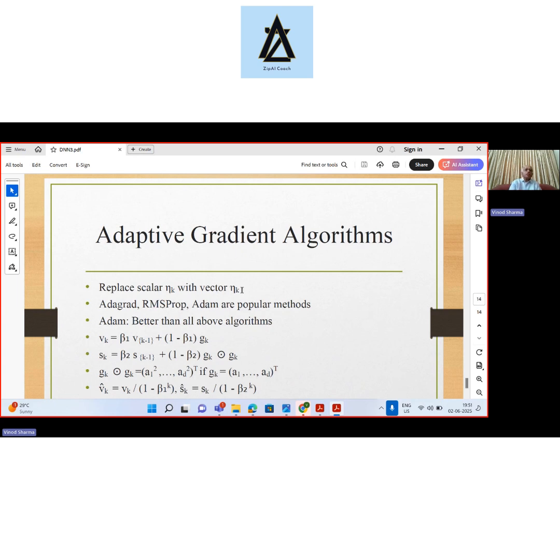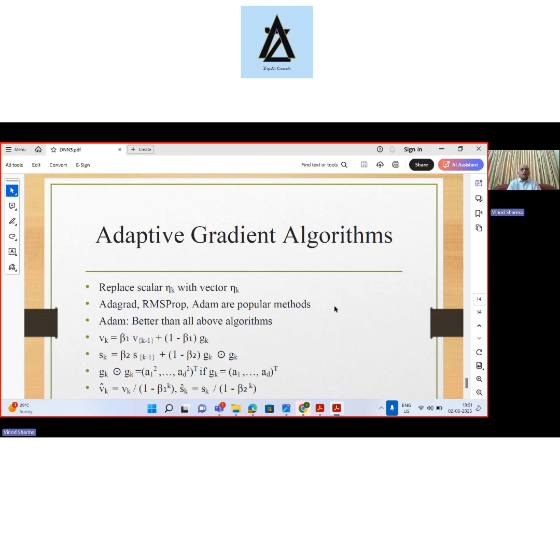But if we change that to a vector eta k, then different components will be multiplied by different constants here. If this constant is larger, then the difference for that component in wk will be larger. And if it is smaller, then it will be smaller. So we can modify it, and based on this idea, many algorithms have been proposed.